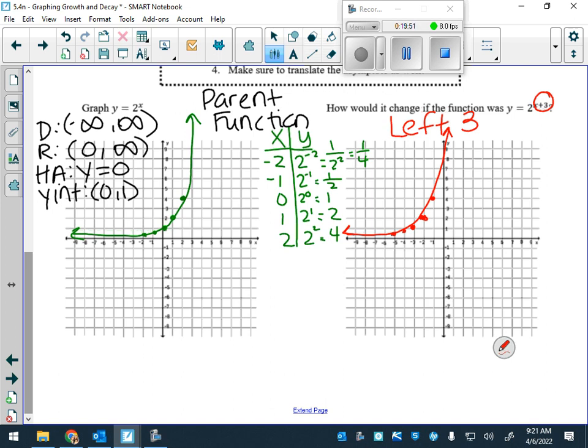Okay? So now, in terms of domain, range, horizontal asymptote, and y-intercept. Which stay the same? Well, domain and range both stay the same.